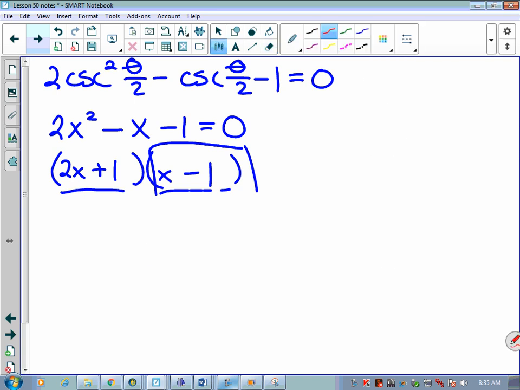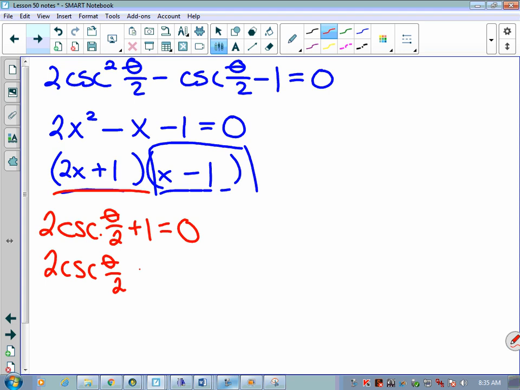Okay, so now let's work on this 2x plus 1. So we got 2 cosecant theta over 2 plus 1 equals 0. We're going to get 2 cosecant theta over 2 equals negative 1. Okay, I'll make sure that I've got this.